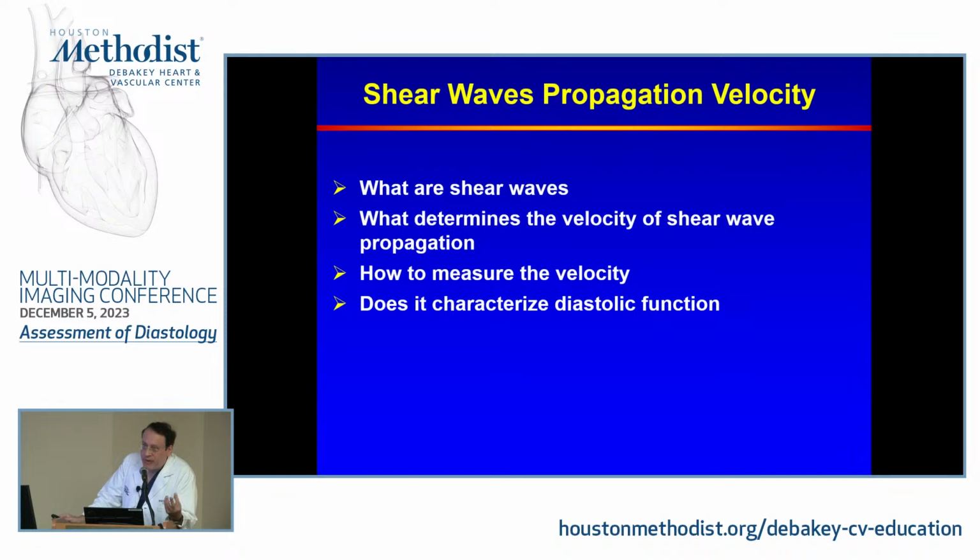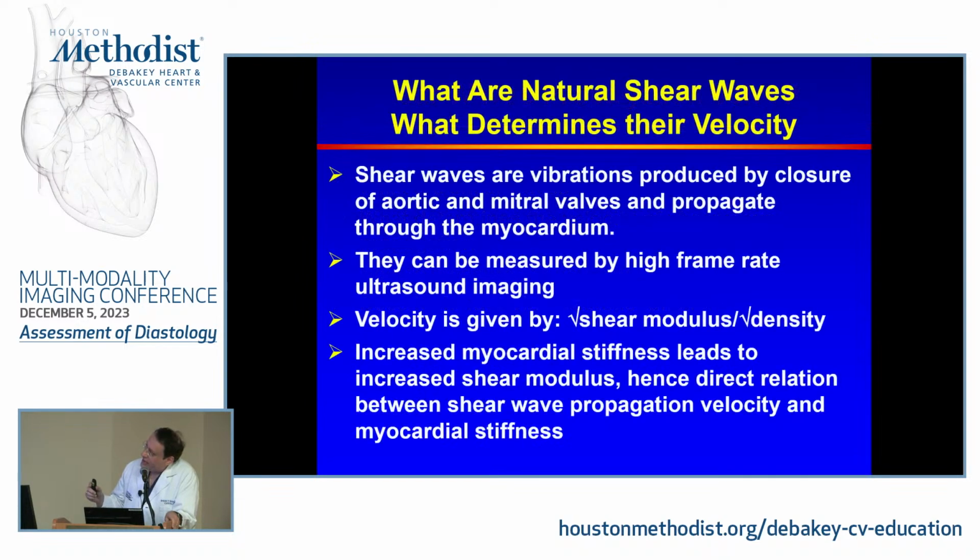I want to talk about some new things that are now available. We'll go through it quickly. One of these is shear wave propagation velocity. So we'll say what these are, what are their determinants, how they are measured, and do they really characterize diastolic function. So shear waves are vibrations. Some of them naturally occur by closure of aortic and mitral valves.